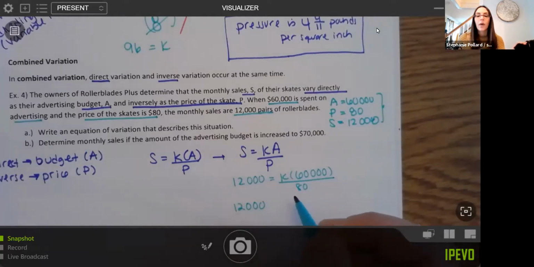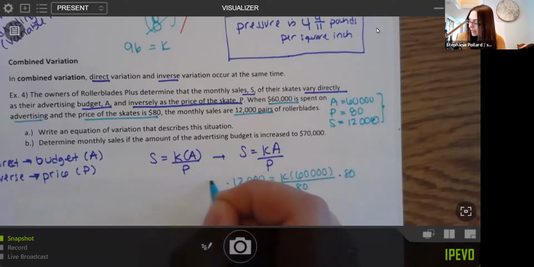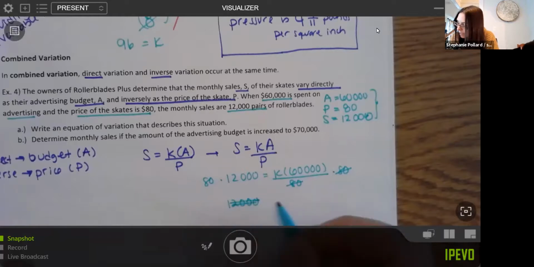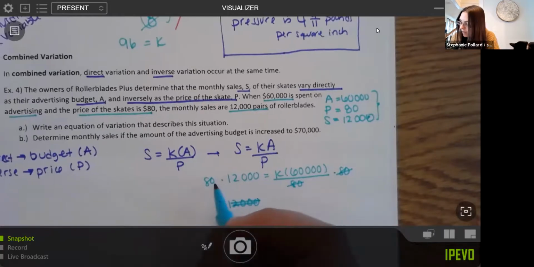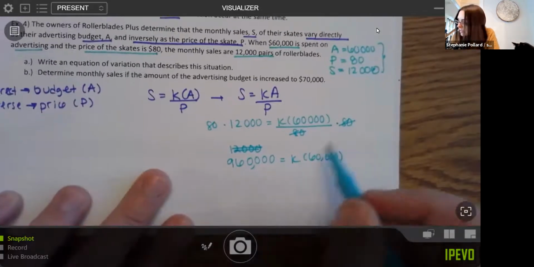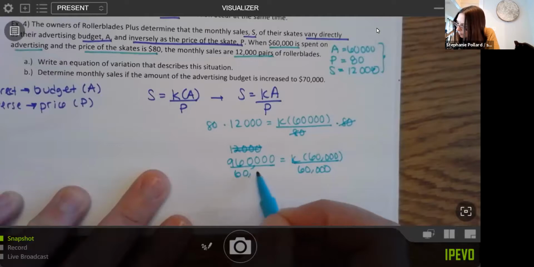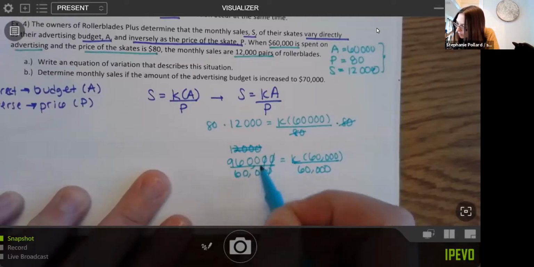So here we're going to go ahead and solve, and there's different ways you can solve. So the first thing I would maybe do is multiply by 80 on both sides. And that's going to go ahead and cancel things out. So let's see, I'm going to have 8 times 12, which is 96. And then I have 1, 2, 3, 4 zeros. And then I can go ahead and divide by 60,000. Okay, so all my zeros are going to cancel here.